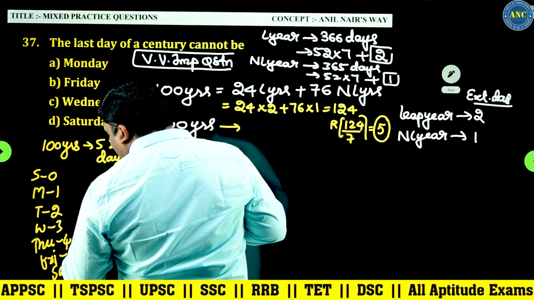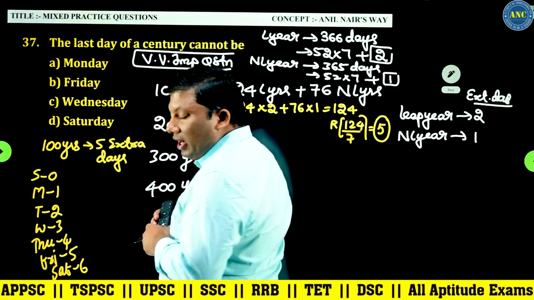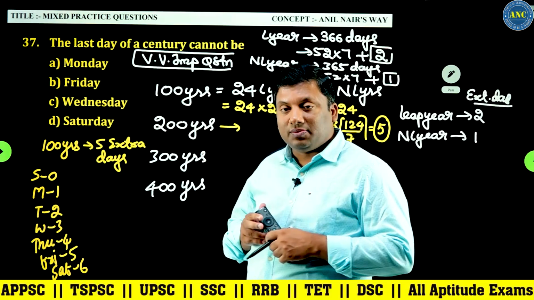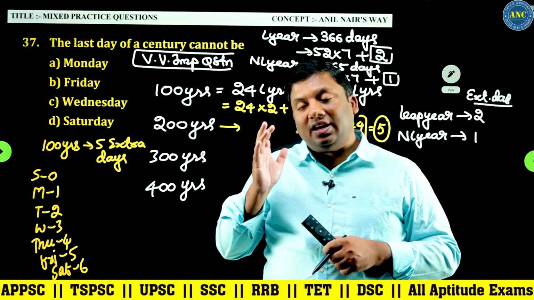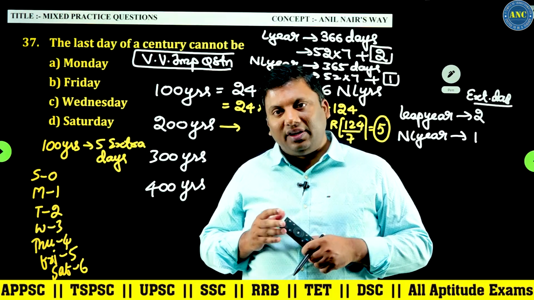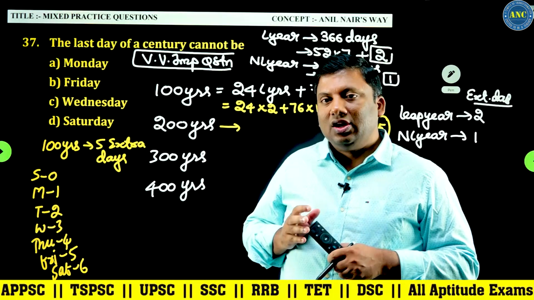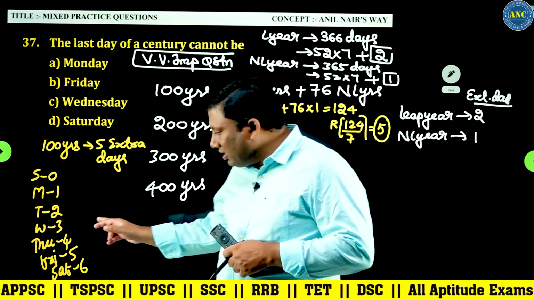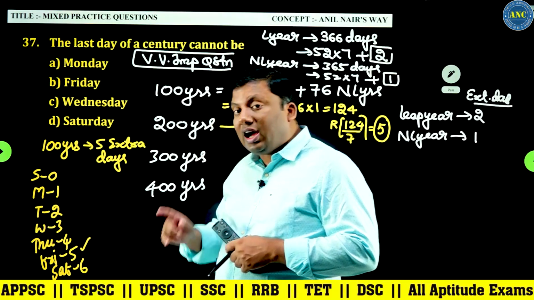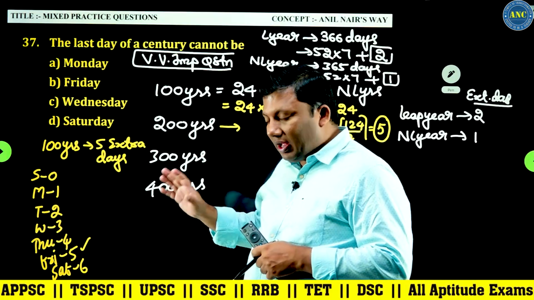Sunday starts with 0. So the last day of the 100th year has code value 5. What is 5? Friday.